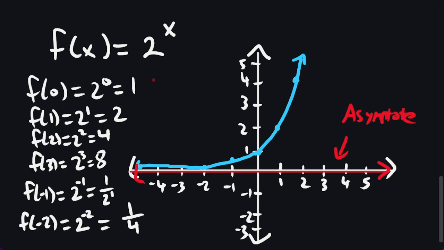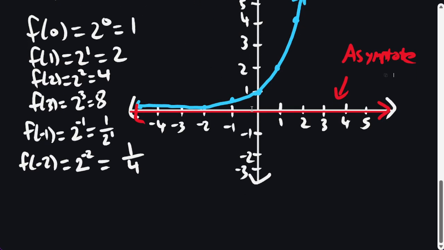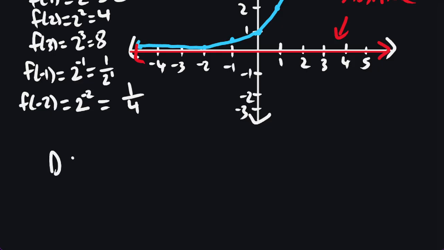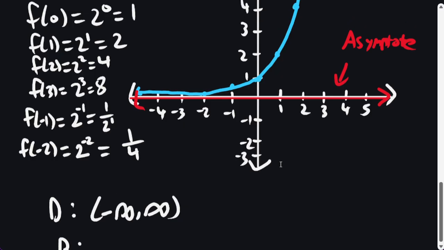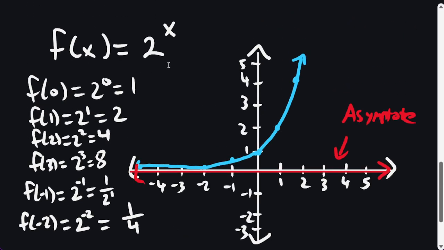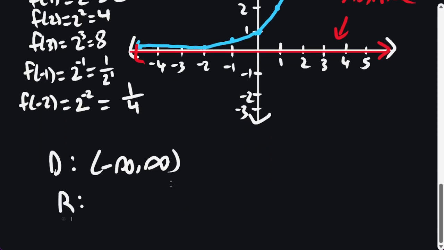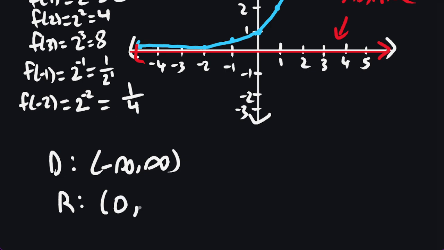And let's go ahead and just take a look at the domain and range of this. So the domain of any exponential function is all real numbers, so negative infinity to infinity. And the range of this exponential function, f of x equals 2 to the x, well, we know that the smallest value it could be is, it can go from 0, but not including 0, because it will never actually equal 0, so we'll use a parentheses.